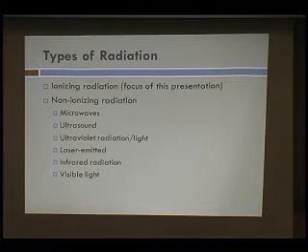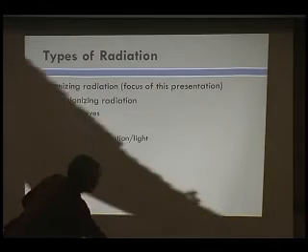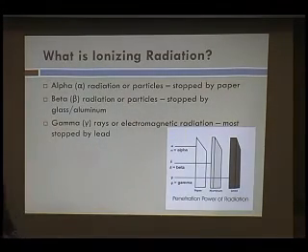So, of course, ionizing radiation is the focus of this presentation, and I will abbreviate it as IR in the presentation, just so you know. Then there's non-ionizing radiation, and that includes everything from microwaves to visible light to lasers. And then, of course, what's ionizing radiation? Ionizing radiation is energy that can essentially eject electrons from a molecule, producing ions.